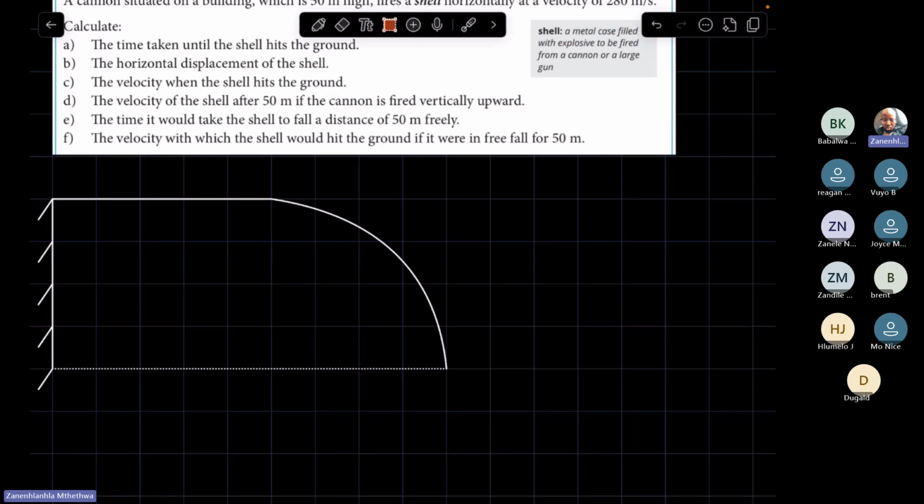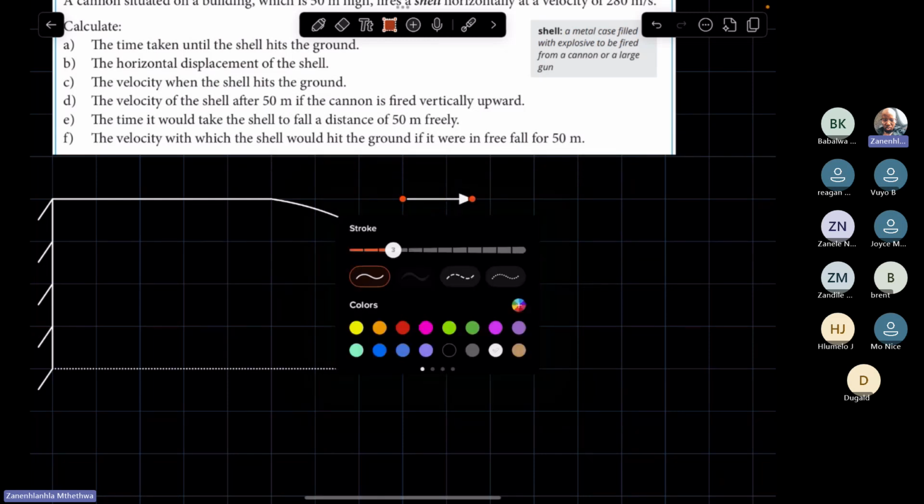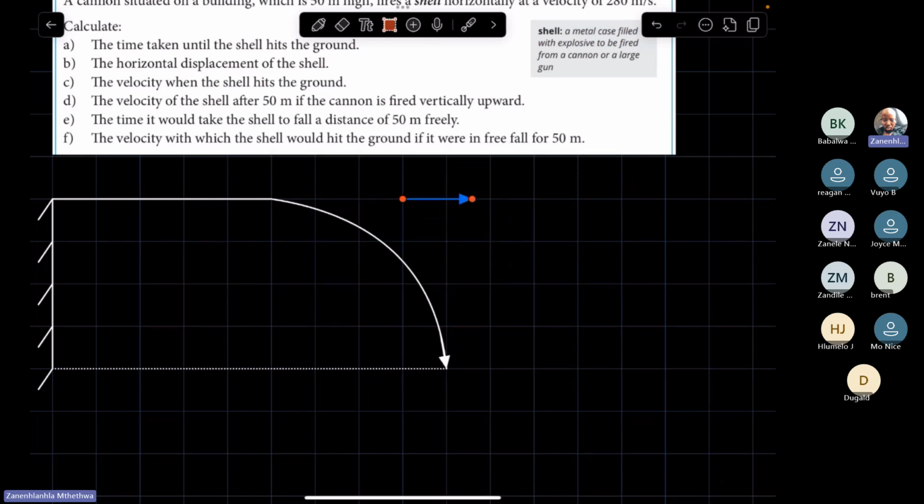And then that's the projectile. They said this is being projected horizontally.